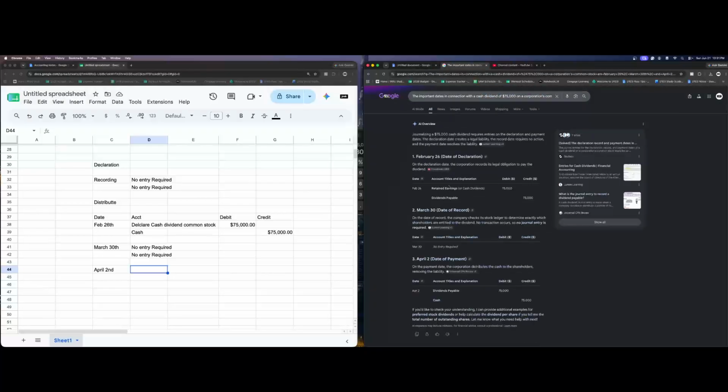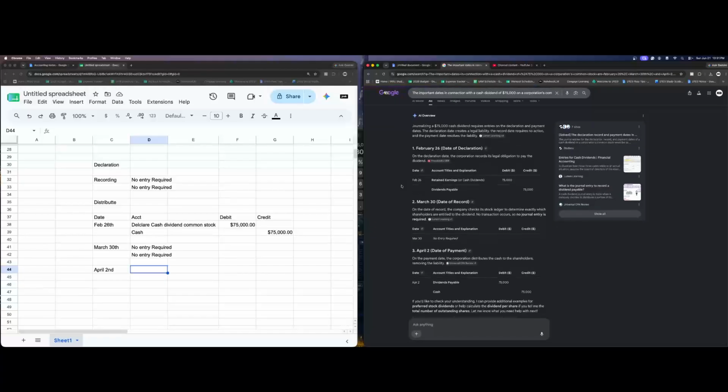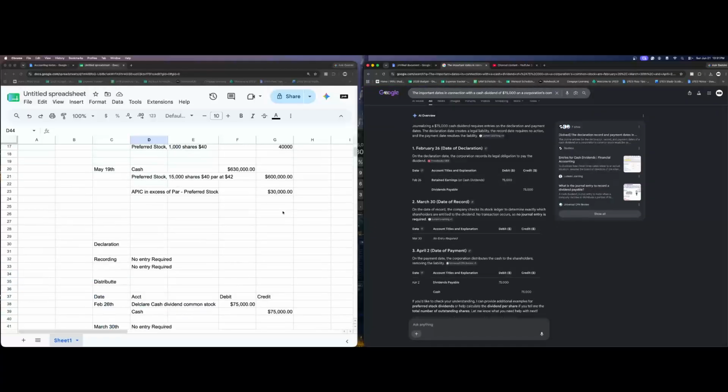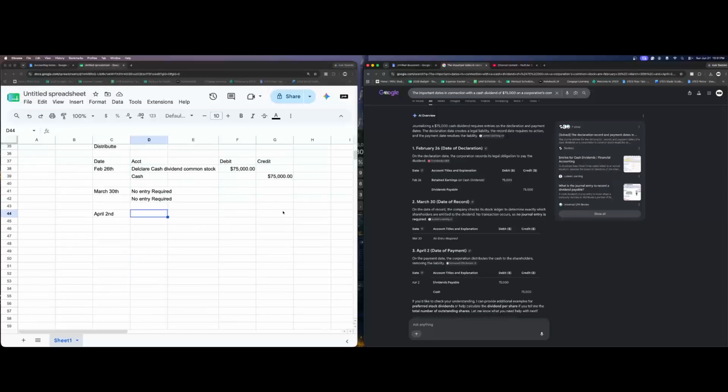So, retained earnings. Oh, this is really important, actually. I completely forgot how to do this, but it's actually retained earnings. That's where the dividend comes out of. It's actually retained earnings, not cash.